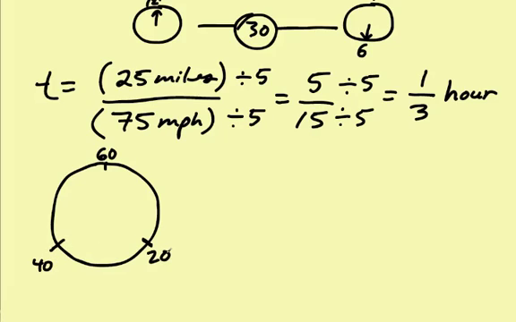So the first one is 20, second one is 40, the last one is 60. And that looks to me like a fraction here, and I'll get a nice highlighted color so that we can make sure that it's visible.